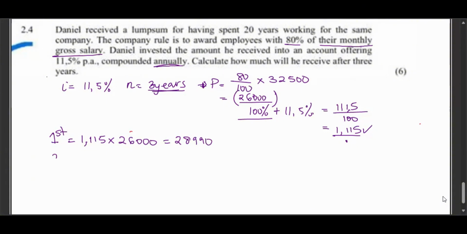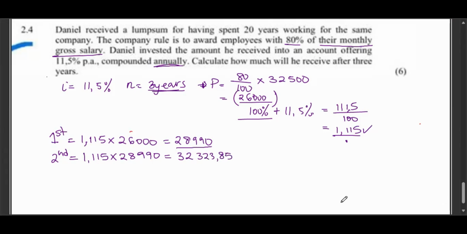Now we go for the second year. How much will he have at the end of the second year? Don't forget our percentage. It's 1.115 times, now it's no longer 26,000, it's the money that he ended with, the one that you put here. Multiply. You end up having 32,323 rands 85 cents.